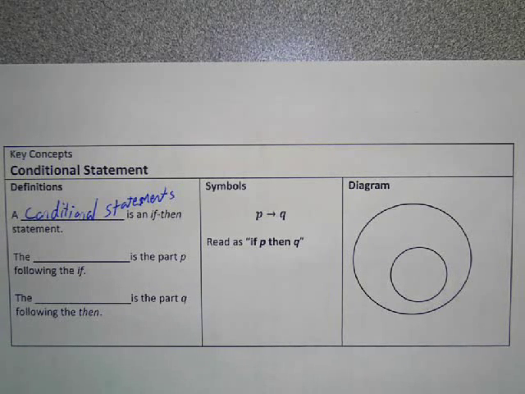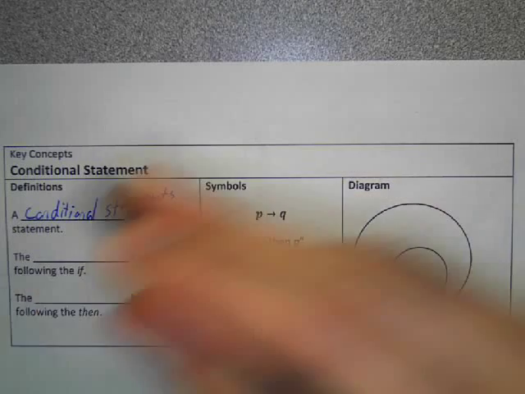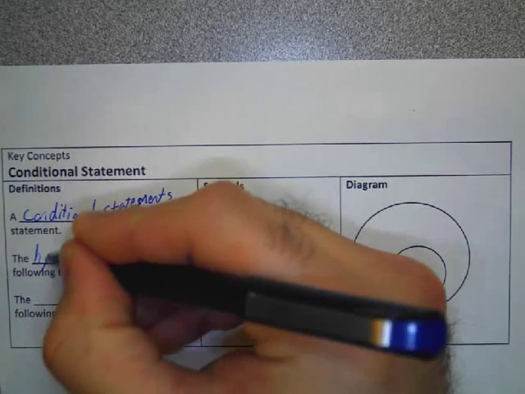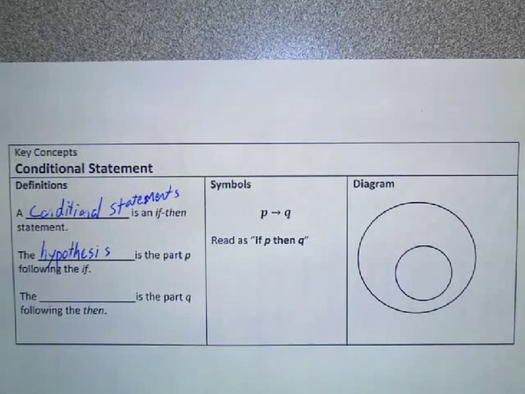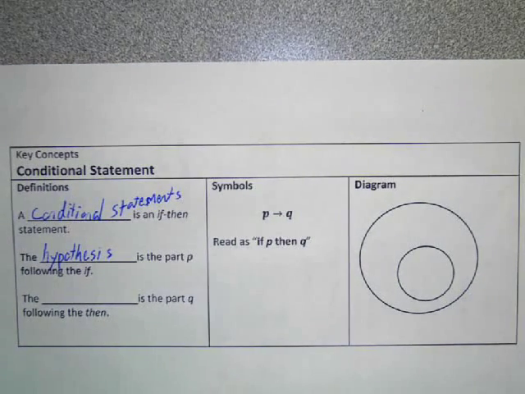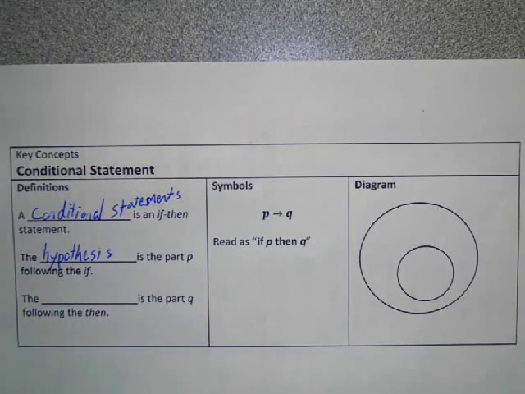We have the if and then the then. The if part we call the hypothesis. The hypothesis is the part P following the if. So it's the first part, the beginning part of a conditional statement.